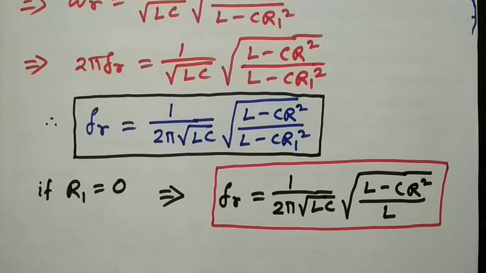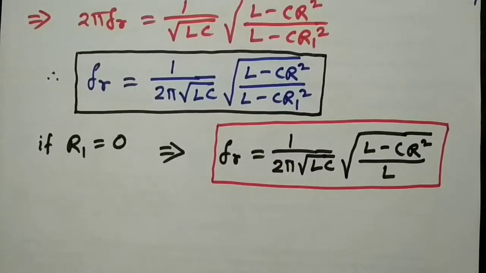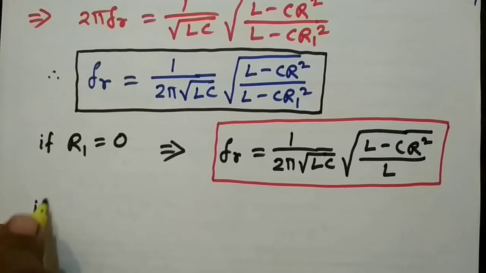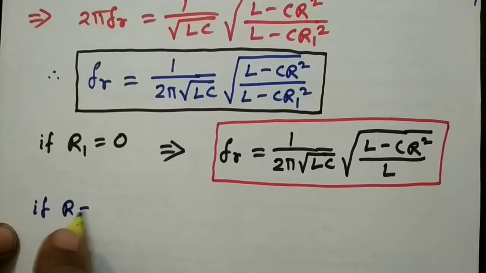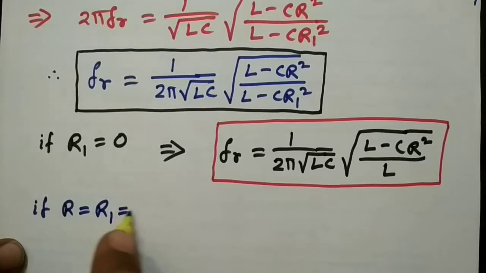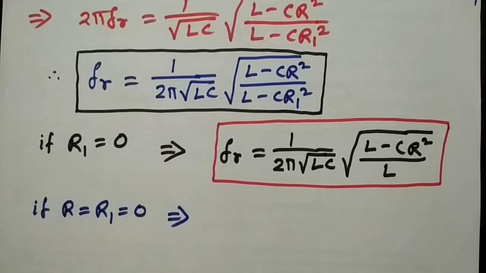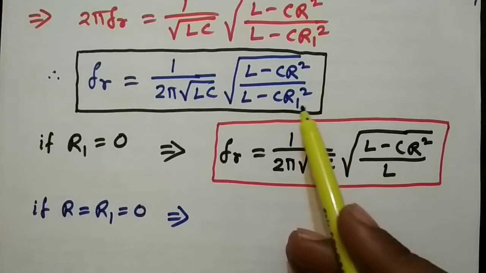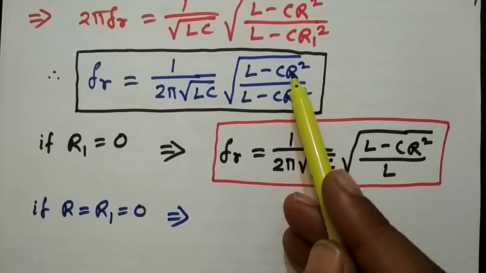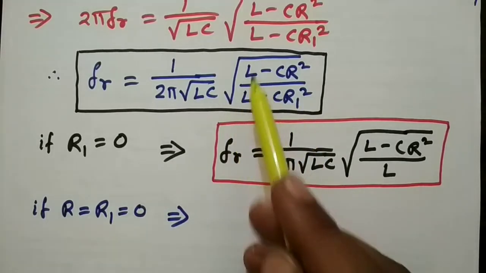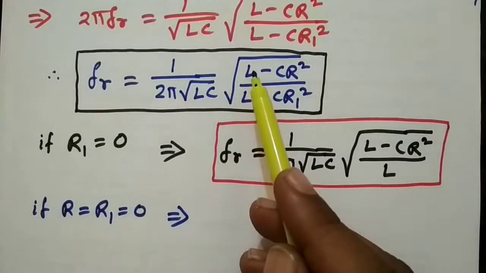Similarly, if R1 and R both are 0, that means the resistance of both the branches is 0, then what happens? In this expression, R and R1 both are 0. So this part will be ignored and it will be square root of L upon L, that is square root of 1.